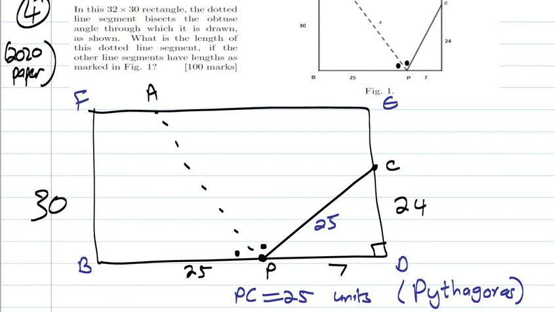I'm sure some of you are doing accounting, and maybe some of you are planning to study actuarial science at UP. In a rectangle, opposite sides have to add up. F to B is 30, so E to C is 6. So we are making progress. We're getting to know the question.